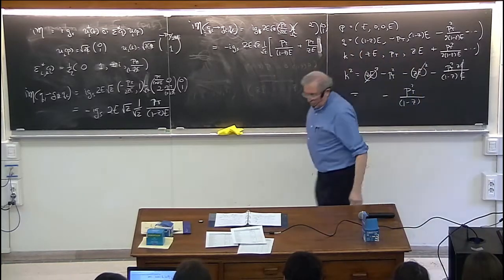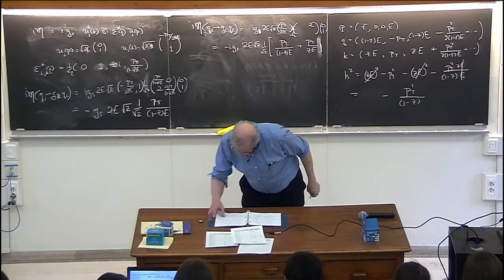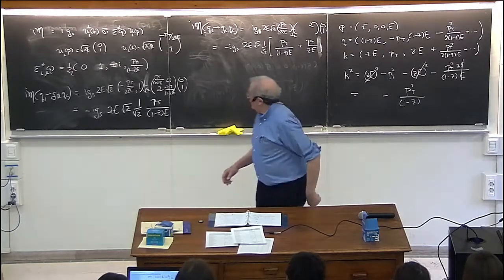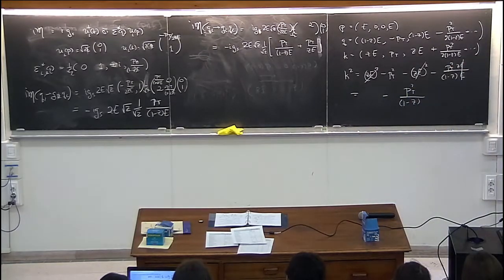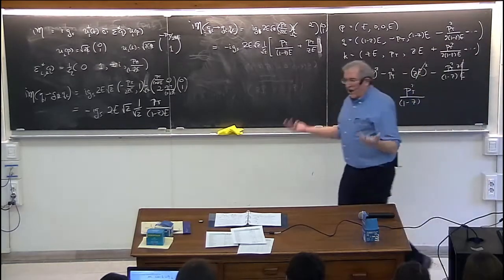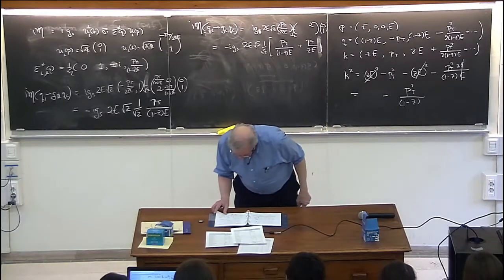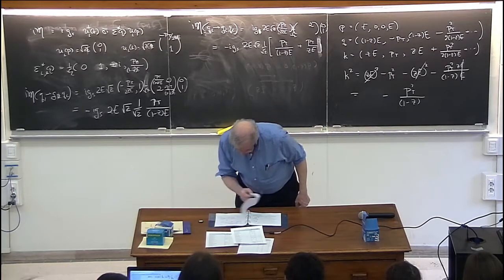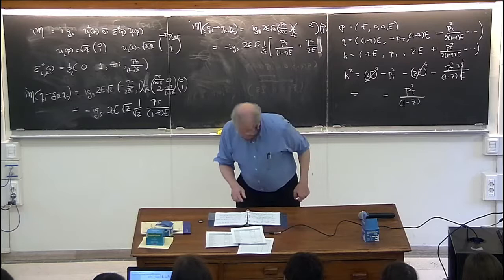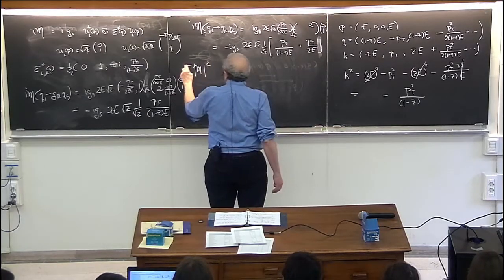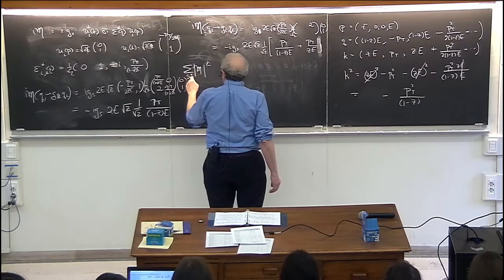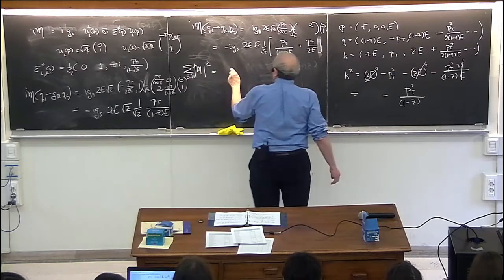Well, now we're in fantastic shape. Because now, as you see, we have very simple expressions for the emission amplitude here, and then we can just try and combine that with the expressions for the other aspects of this. In particular, let me just calculate the matrix elements summed over the two gluon polarizations.